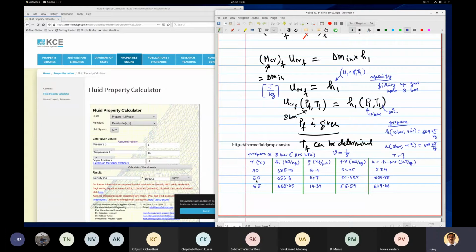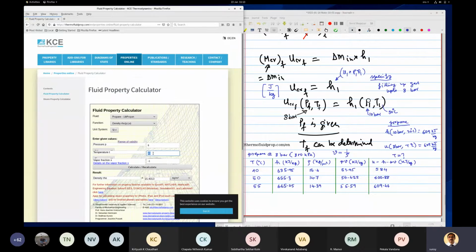Similarly, if I do it for 50 degrees centigrade, the density is 14.7, and the enthalpy is 655.3. So here also I can calculate and see it is rising: 584 at 30 degrees centigrade, and at 50 degrees centigrade and 8 bar it is 600. If I go a little bit more, say 55, then it comes close to 609.